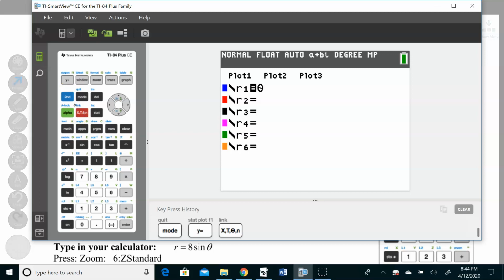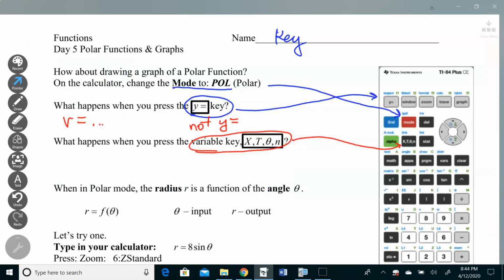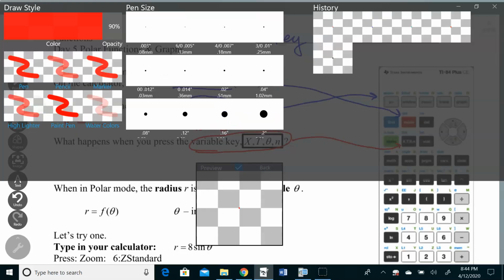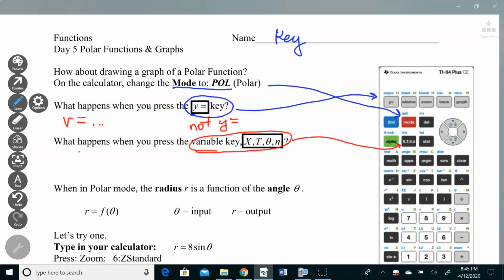It doesn't say x, it doesn't say anything else, it says theta. So one here. Let's change the color. When you press this key, you get theta.